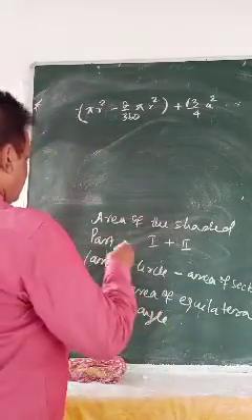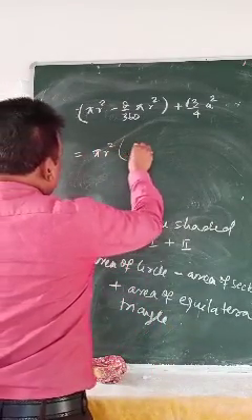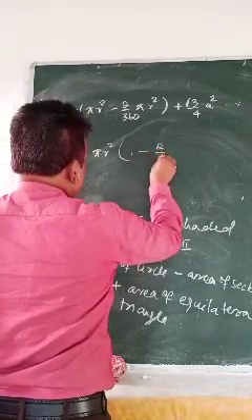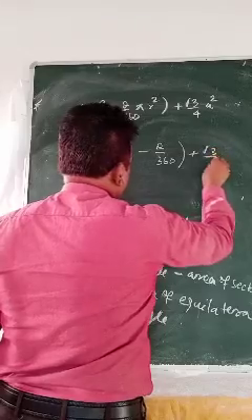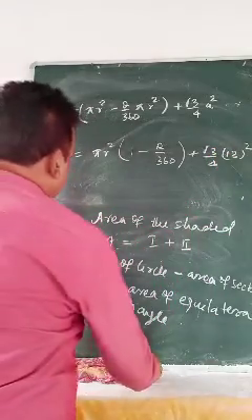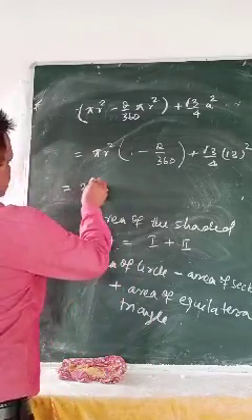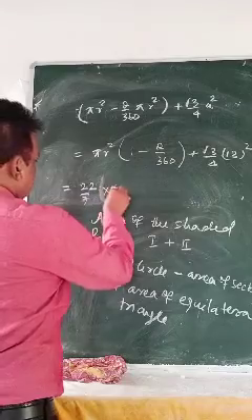So you can take pi r square common: 1 minus theta by 360, plus root 3 by 4 into 12 square. Pi means 22 by 7. R is 6 into 6.